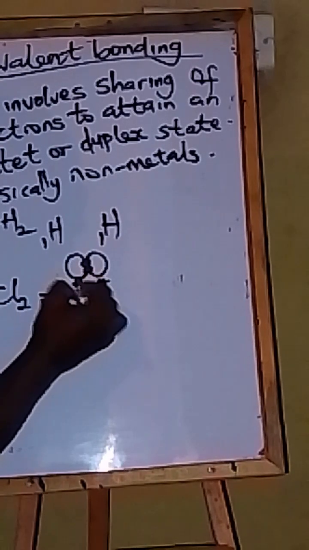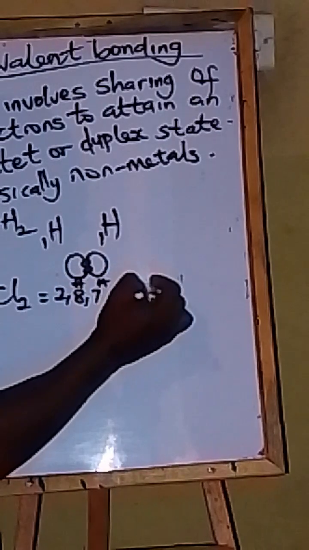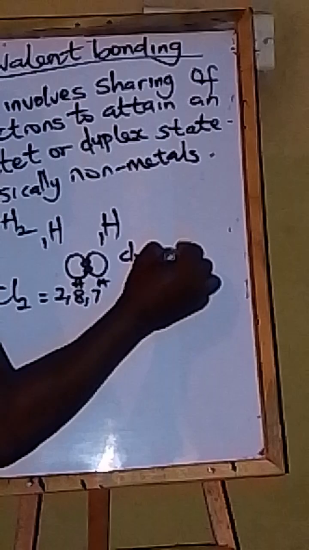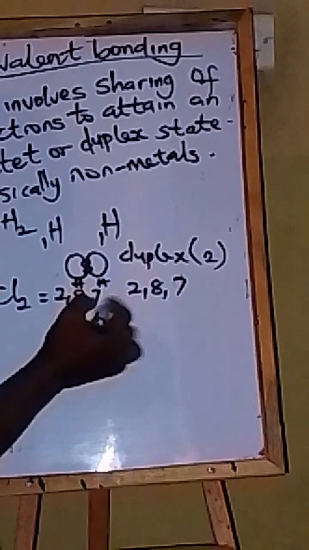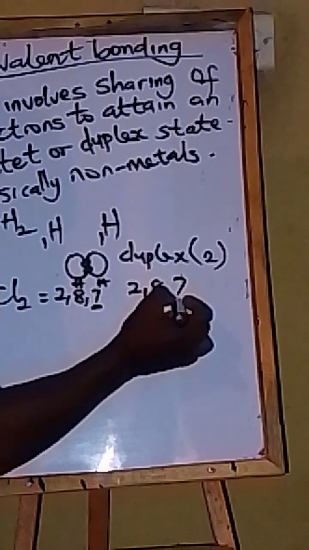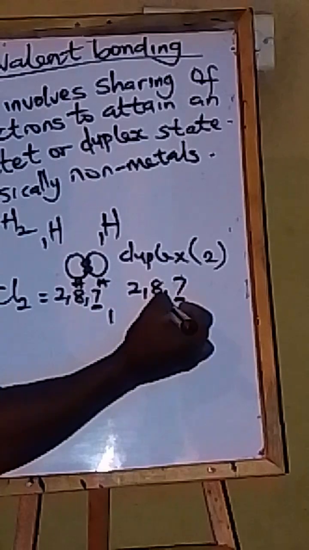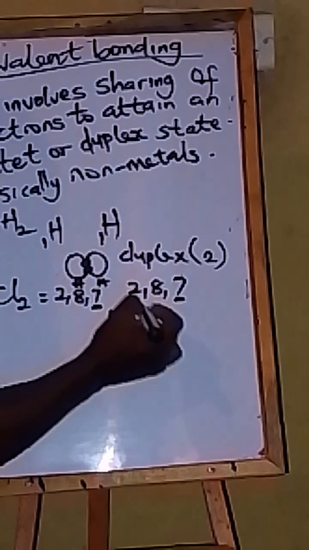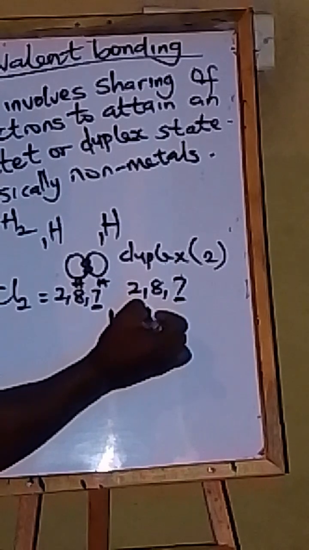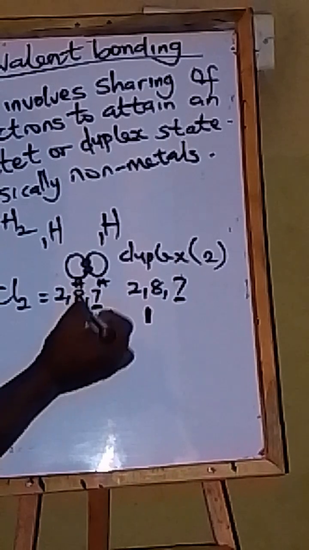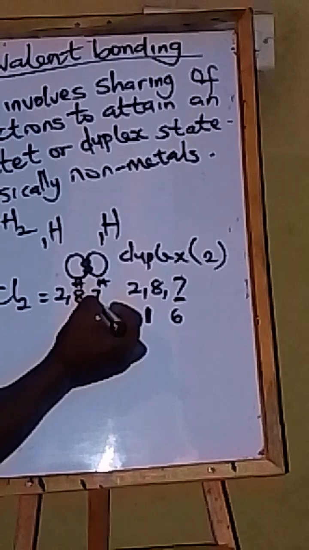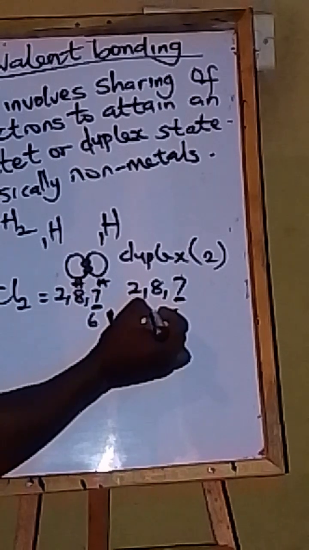Cl is 2, 8, 7. So the 1 that they make is what they will share. This will become 6, this will become 6. You will remove 1 from here.